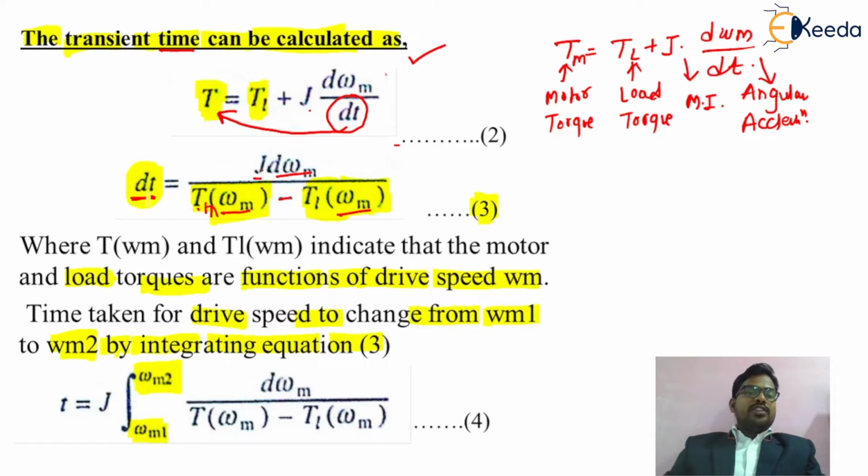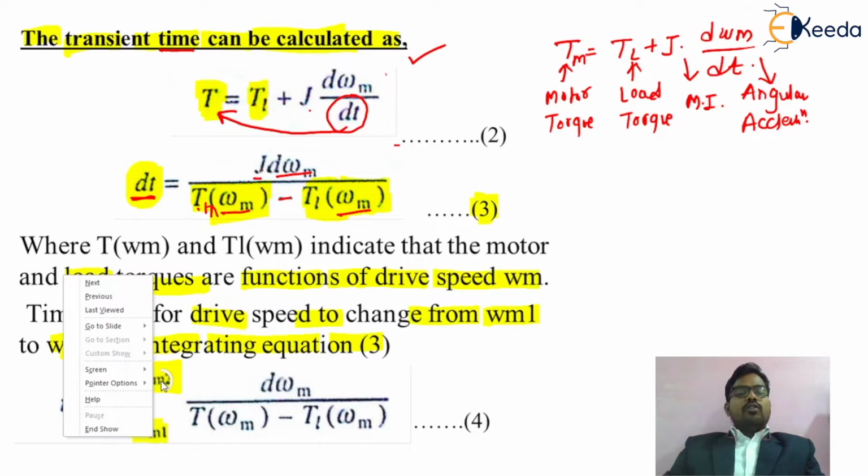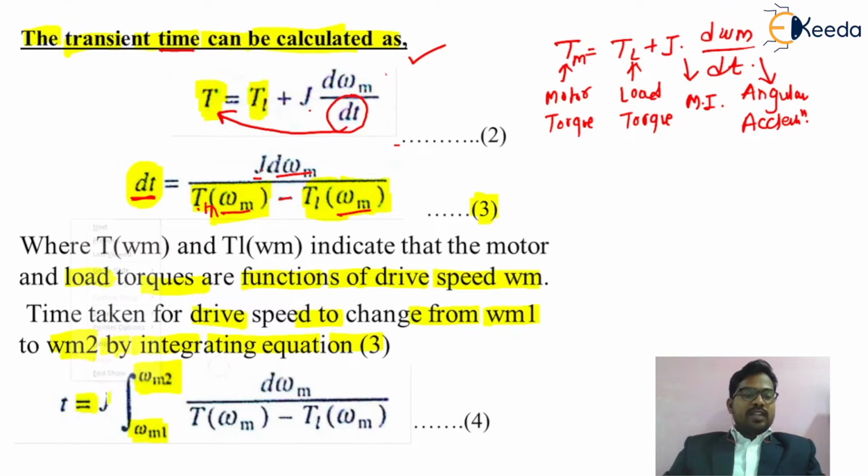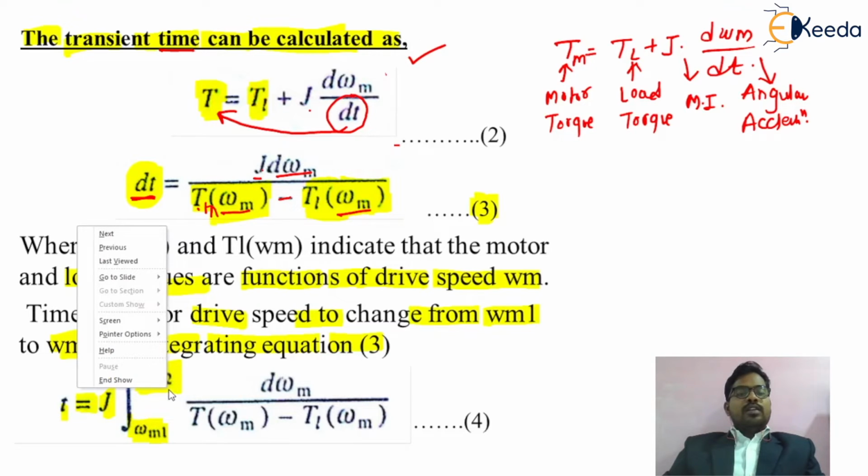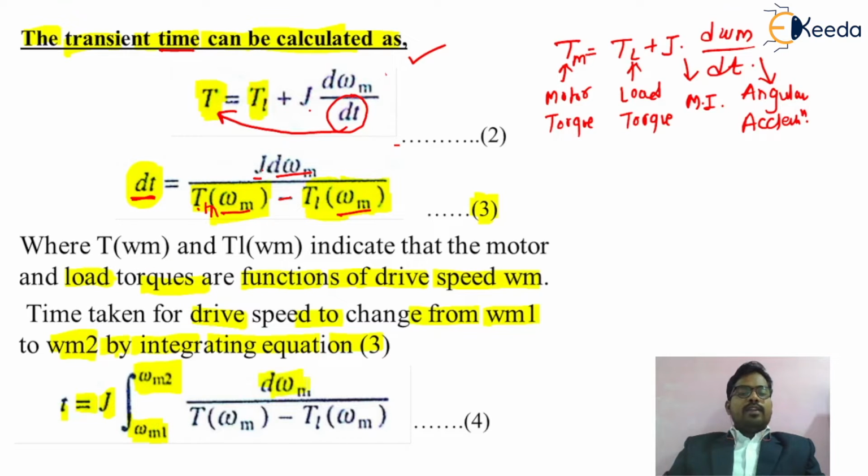So for the calculation of t, we integrate this equation from omega m1 to omega m2. We get t is equal to J, taking it as common, the integration from omega m1 to omega m2 of d omega m divided by T in terms of omega m minus TL in terms of omega m.